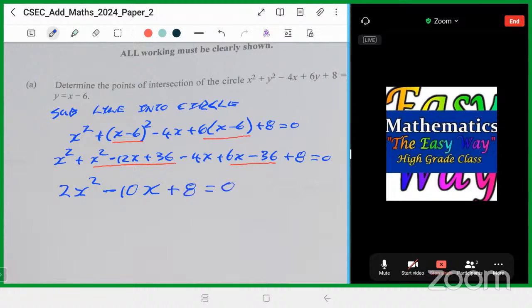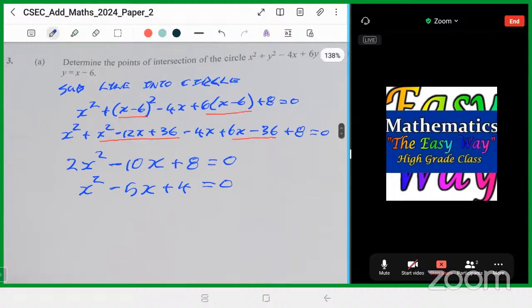Divide by 2, we get x squared minus 5x plus 4 equals 0. And now we're in business, it factorizes, which is what you would expect from a question like this. All right. Fortunately, we got one that could not be solved. But I would have tested the answers anyway in the end, so I would have found my mistake anyway.